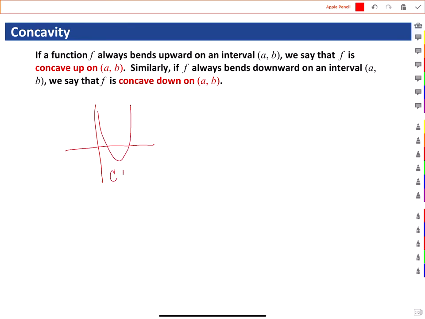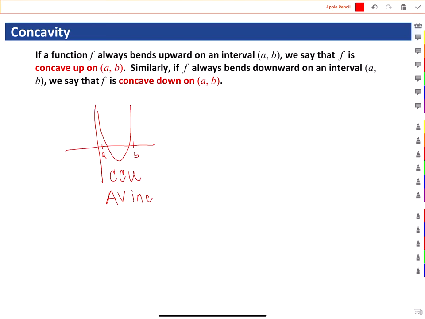So this is considered concave up, and that also means that our average rates of change are increasing. Okay. Now my interval A to B is kind of wonky here, so let's just say this is A and this is B. I don't know, just to give it something. Because obviously I don't know for sure this is going to continue on, etc., etc.